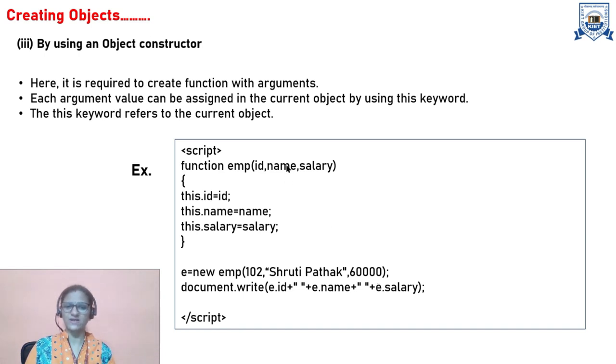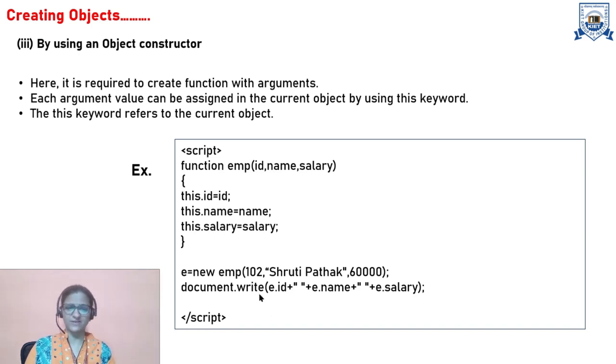They will be passed over here, and this will be the assignment. Finally, these properties will get assigned with these arguments. Finally, it will be treated as a property.